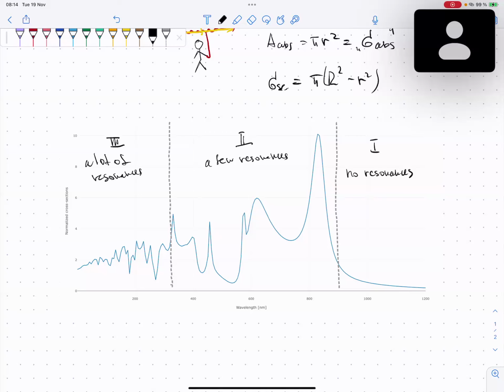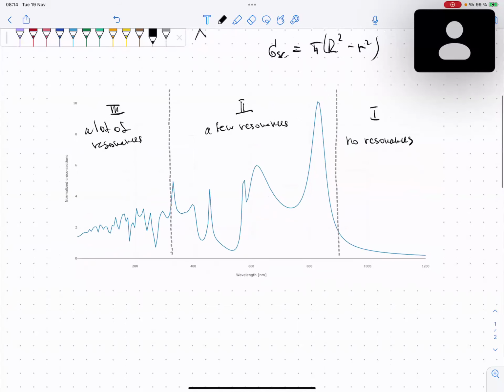And actually, it's not very clear from here, but I will try to increase this part of the region and show it to you.